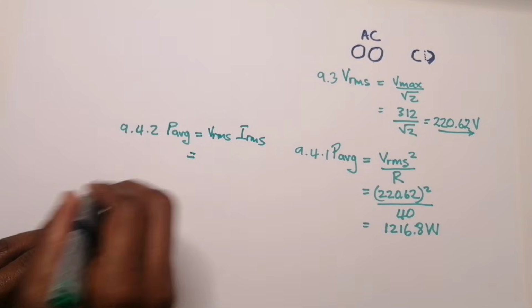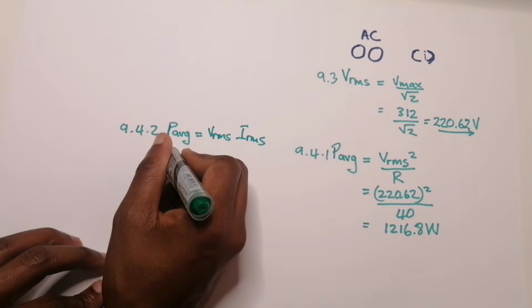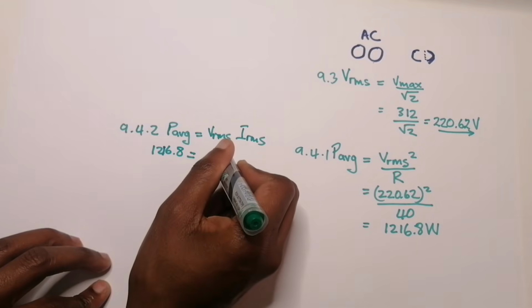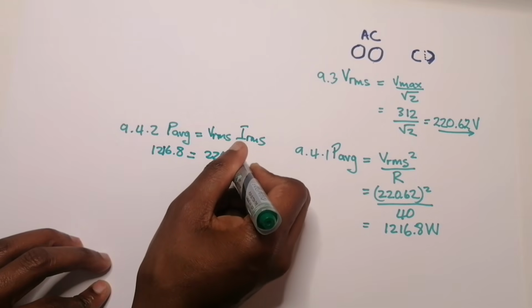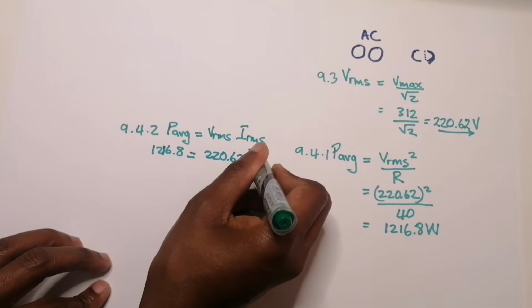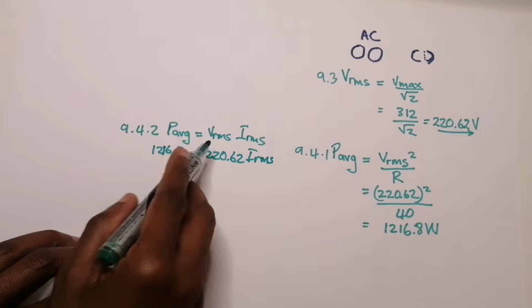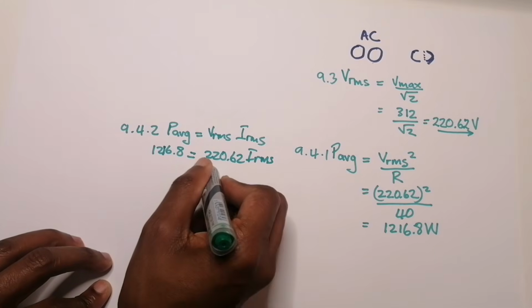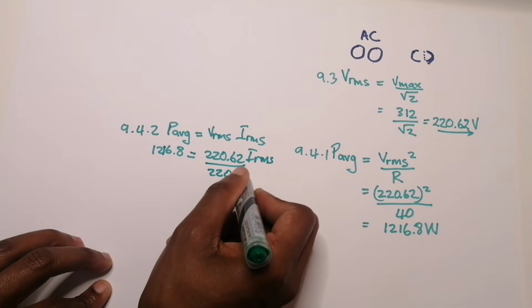So P average is 1216.8. My V RMS was 220.62 times I RMS. So I've got my substitution, so I can find I RMS. Let's divide both sides by 220.62.